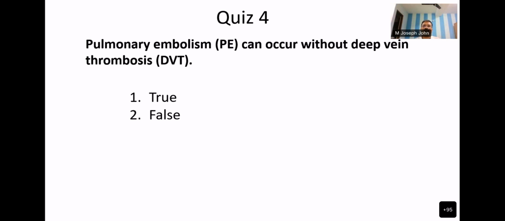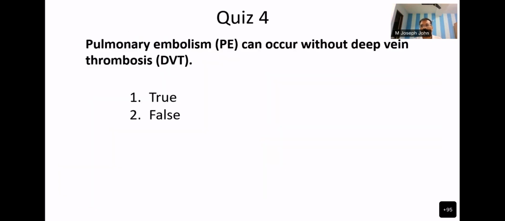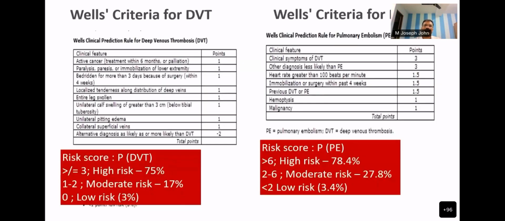We must understand that pulmonary embolism can occur even without a deep vein thrombosis. Therefore, a spontaneous pulmonary embolism is possible. Often we fall back on certain criteria to make a diagnosis.